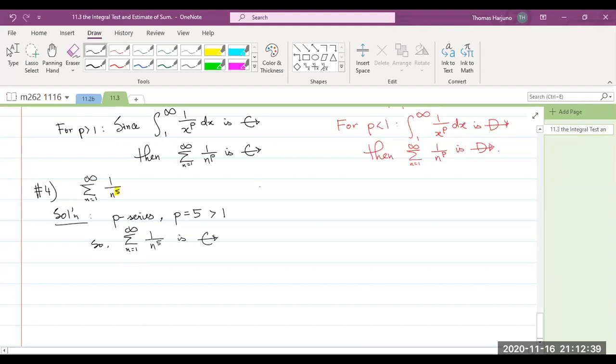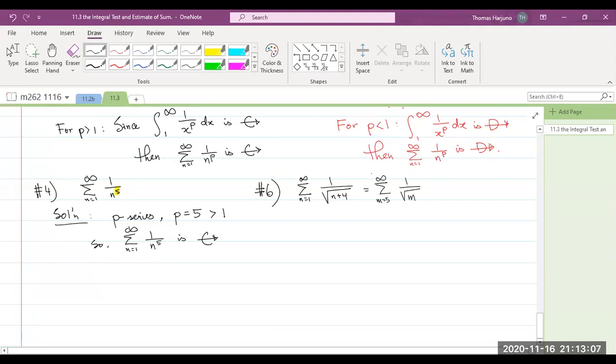Number 6. The series from 1 to infinity of 1 over square root of n plus 4. So you start from 5, huh? Right? You start from 5. This is the series 1 over square root of m, let's say, where m starts from 5 to infinity.